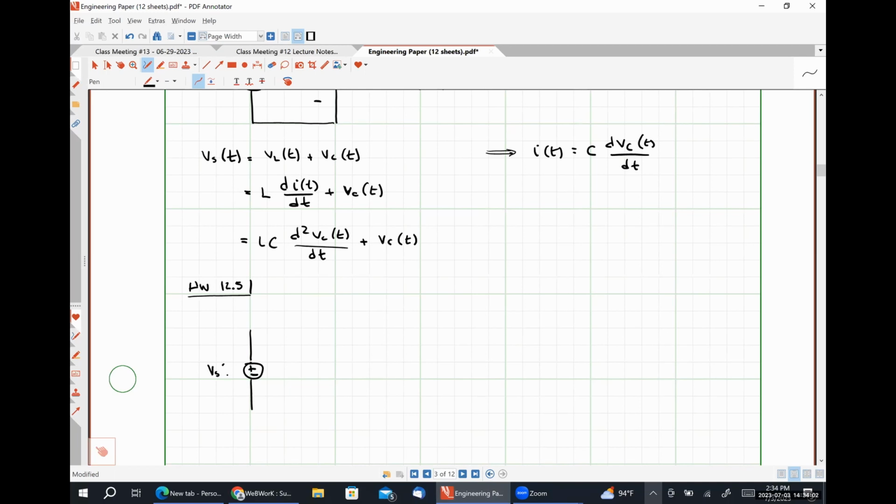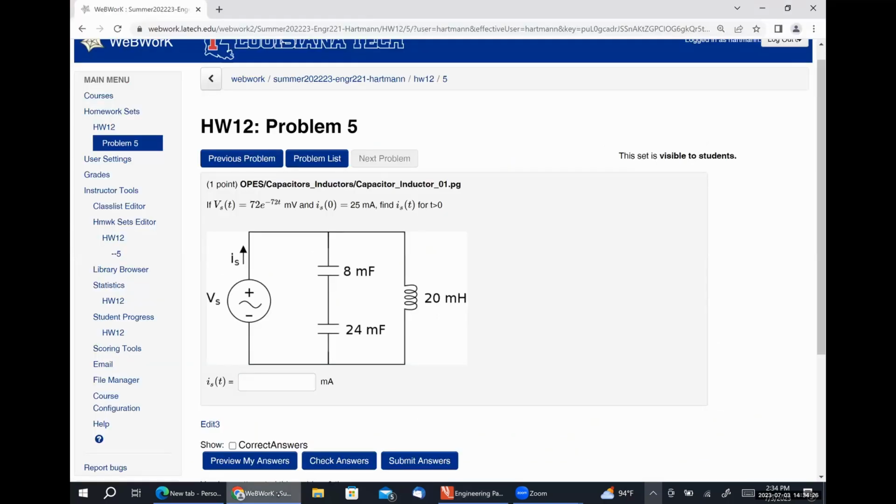So here is VS. Here's my equivalent capacitance. I'm just going to call this C for the sake of argument. Here's my inductance L.